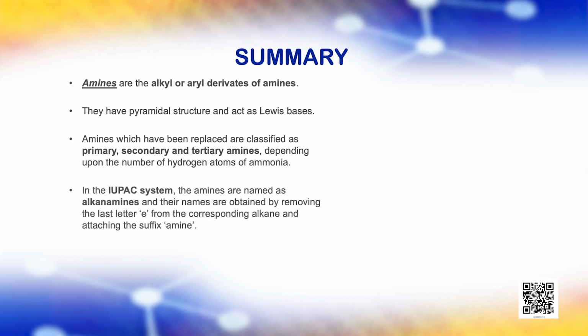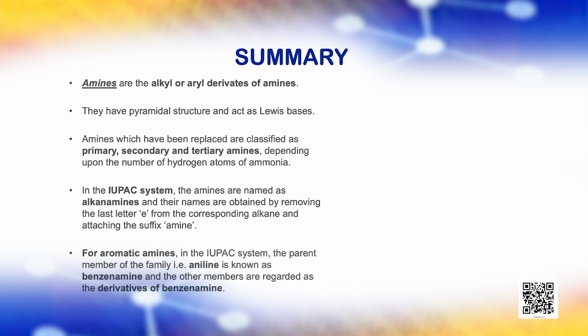In the IUPAC system, the amines are named as alkanamines, and their names are obtained by removing the last letter E from the corresponding alkane and attaching the suffix amine. For aromatic amines in the IUPAC system, the parent name of the family, that is aniline, is known as benzenamine, and the other members are regarded as the derivatives of benzenamine.